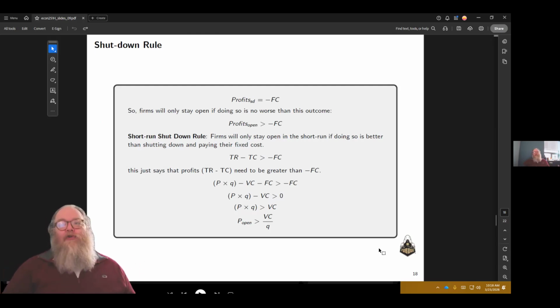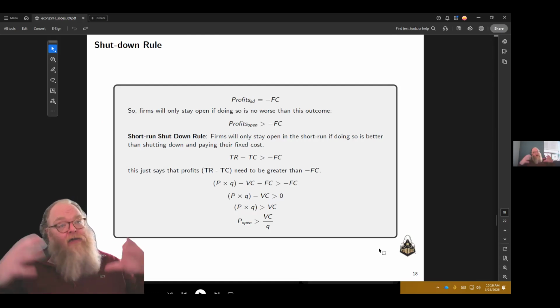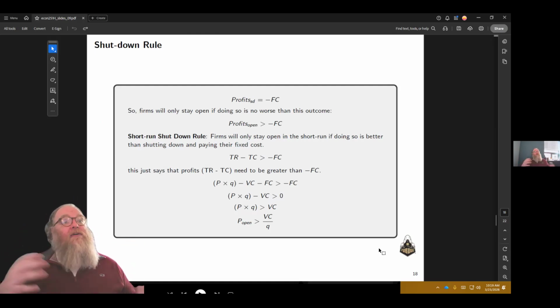In the short run, as we have previously discussed, we have fixed costs, okay? In the short run, in order for a firm to economically stay open, they need to be covering their fixed costs, okay? Now, the way you think about this is that let's imagine two scenarios. A scenario where the firm makes products and a scenario in which the firm makes zero products, okay?